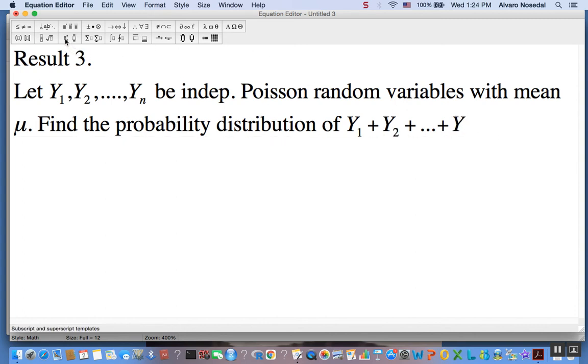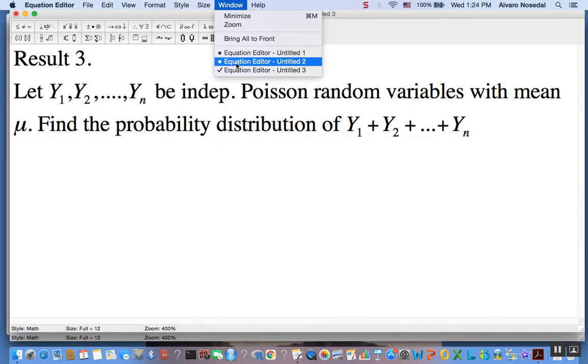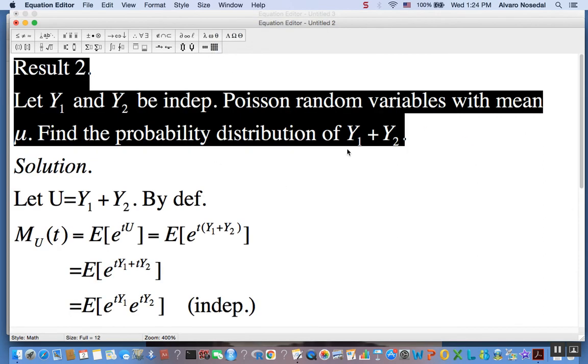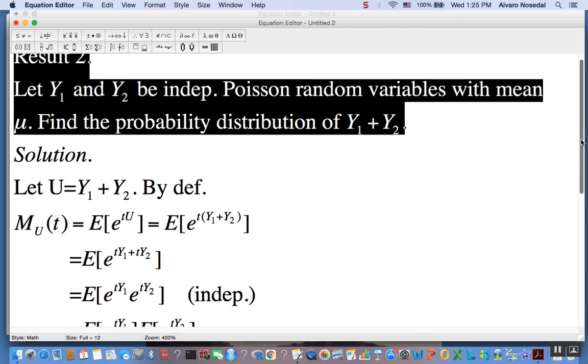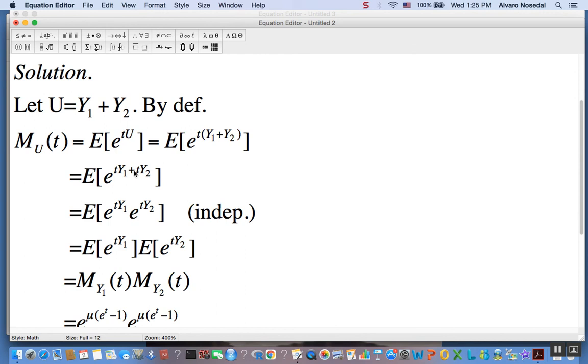If you had to guess, what would you say it is? And then we could go back to what we did here. Let's define U as Y1 plus Y2 plus Y3 plus dot dot dot Yn. You would have a sum with more terms, n terms. You would do a little bit of algebra here. Independence will be useful.